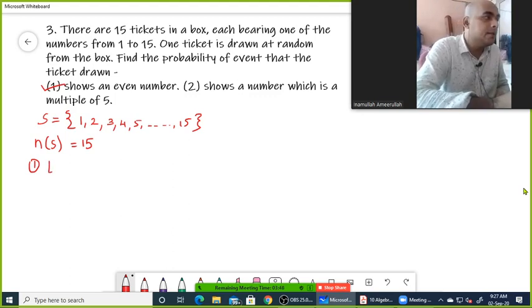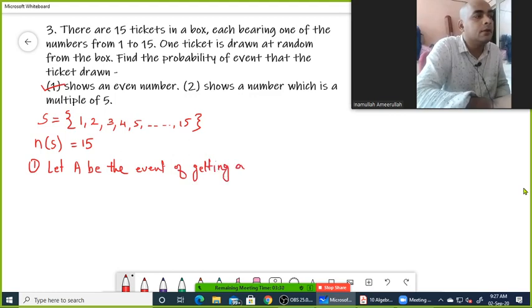So let A be the event of getting a ticket that shows an even number.